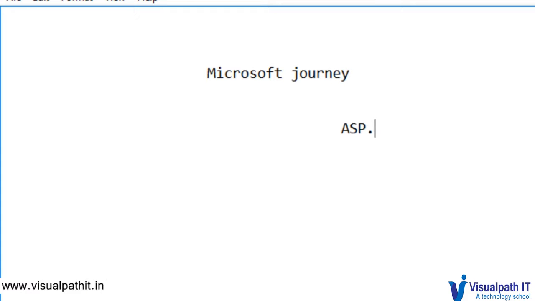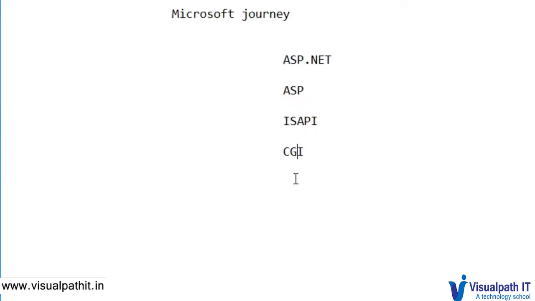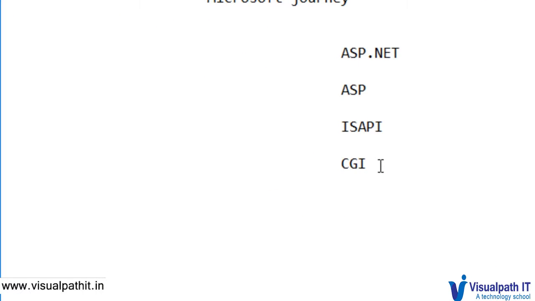As of now, we are using ASP.NET, since 2002. Before that, we were using ASP. Before that, there was a small level of ISAPI, and we had CGI. Some years back, somewhere in the early 80s, Microsoft started a concept called CGI, Common Gateway Interface programming.